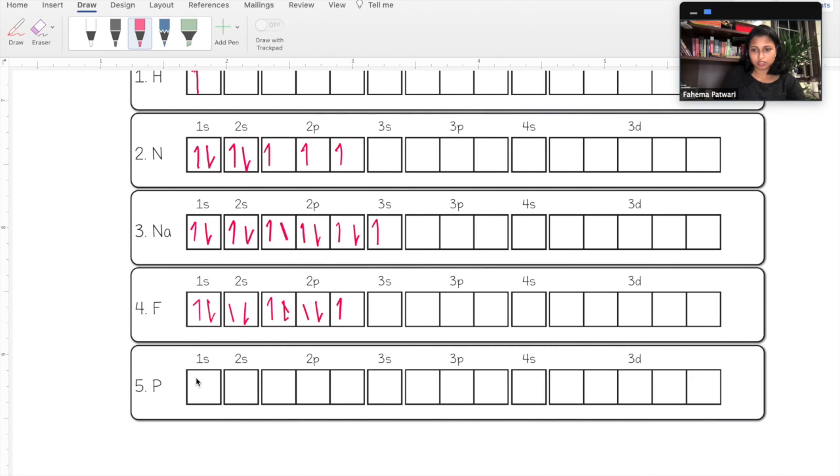Let's do this. 1, 2, 3, 4, 5. My computer is being a little bit laggy, that's why this is happening. So that's 7, 8. You get the gist. 13, 14, 15.